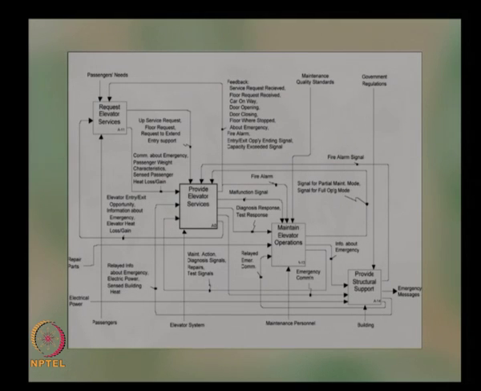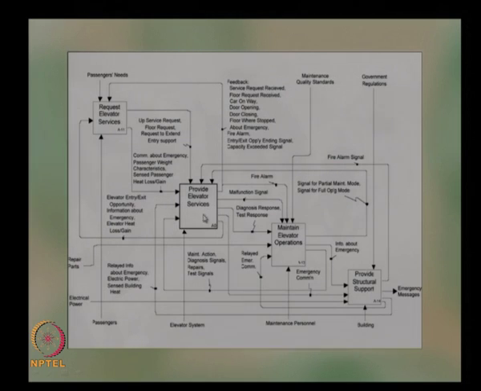This actually shows the system diagram, or the different functions and the external system interaction diagram. You can see these are the passengers, the elevator system is the main system, and these are the external systems: the maintenance personnel, the building, government regulations, maintenance quality standards, and then the passengers' needs.